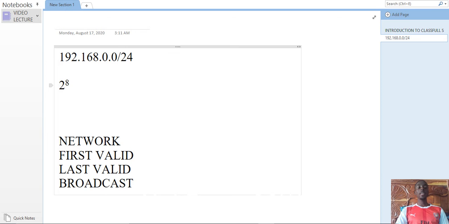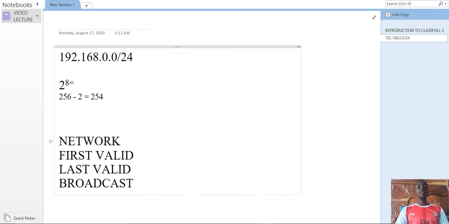So 2 to the power of 8 gives you 256. And I told you, anytime you have this, you have to subtract 2. You subtract 2 because of the network address and the broadcast address. So when I subtract 2, I'm left with 254 valid IP addresses. So 254 valid IP addresses is a very good thing.